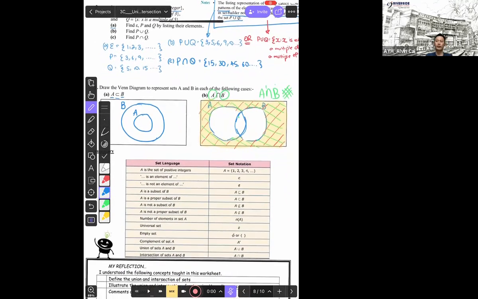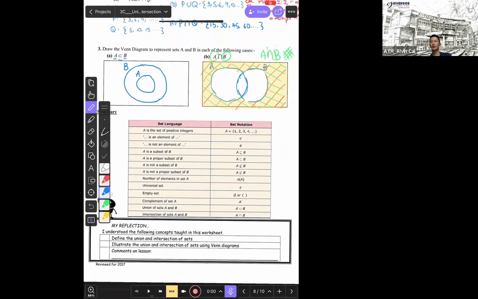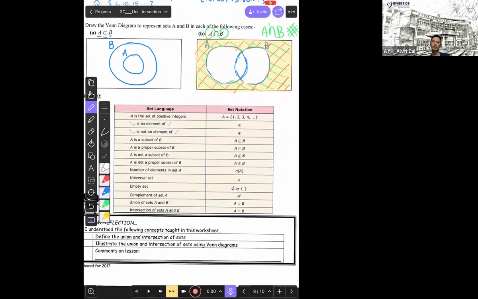Okay, and this part of the worksheet also shows us the summary of the different symbols we have learned and the notation. So a quick recap: element of, not an element of, subset, proper subset, not a subset, not a proper subset, number of elements, universal set.